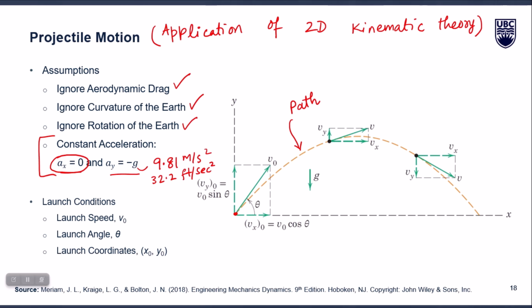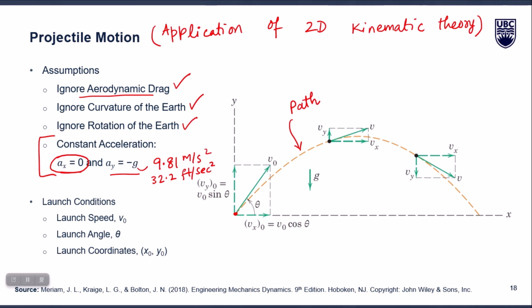So everyone is clear why a sub x should be 0 in an ideal projectile motion. Ideal means that we have all these assumptions in place, right? Obviously, ignoring aerodynamic drag will be a very poor assumption in several other cases when you have very high velocities or when you have a very light object which is represented by a particle in this problem, right?